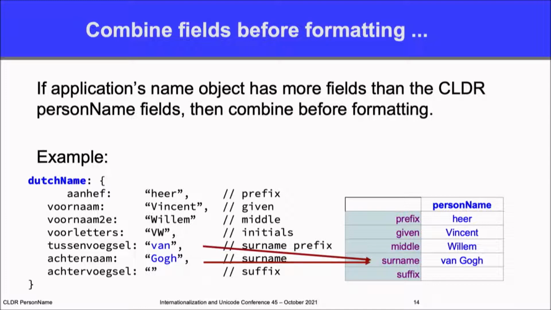And your application may choose a different combination, for instance, when passing for sorting. If you wanted to do the sort combinations, because in the Netherlands, you'll sort based on the surname without the tussenvoegsel. So your application will have to make that determination.